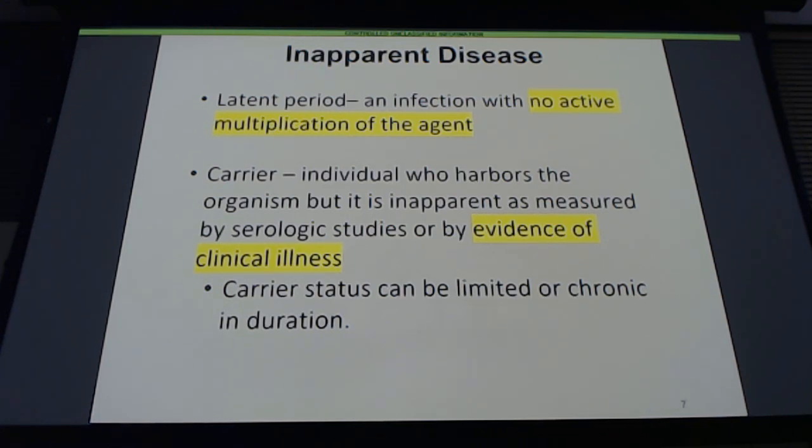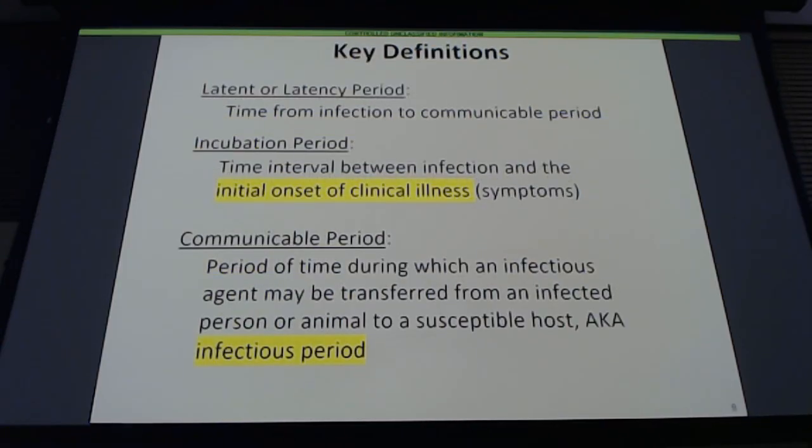And then you have your convalescent carrier, which gets sick, gets better, has no more symptoms, but now can spread it. So just different kinds of carriers, they're all still considered carriers of whatever disease they have.